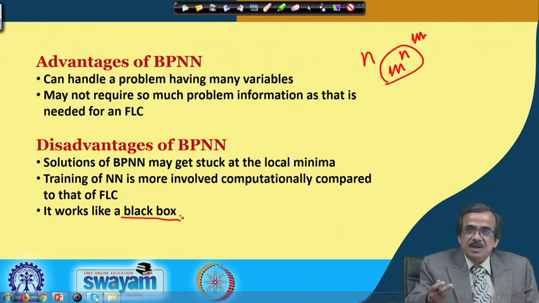So, we can train the network, but what is happening inside the network during the training, we the designers do not know. But ultimately, through a large number of iterations, it is going to give rise to one optimal or near optimal network. So, this multi-layered feed forward network works like a black box. Thank you.